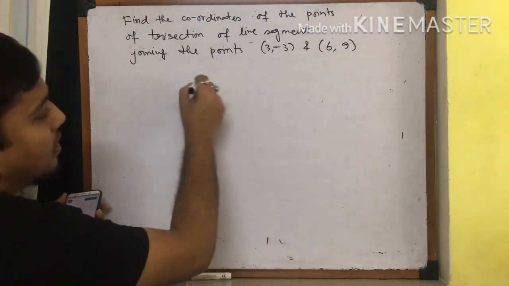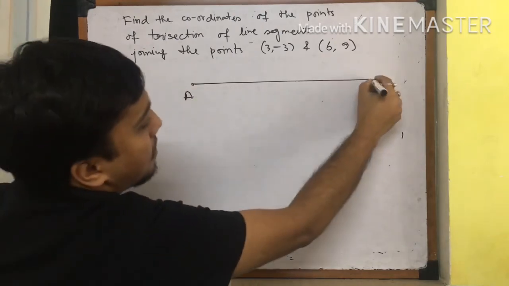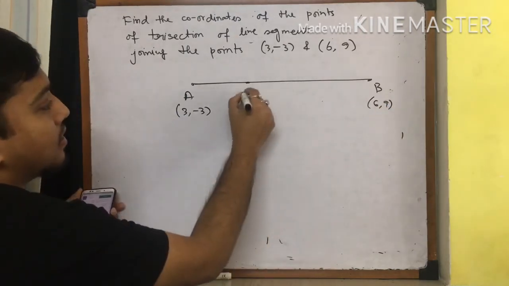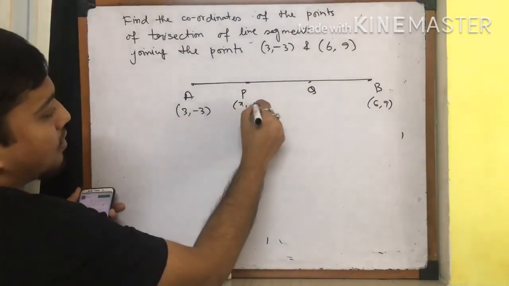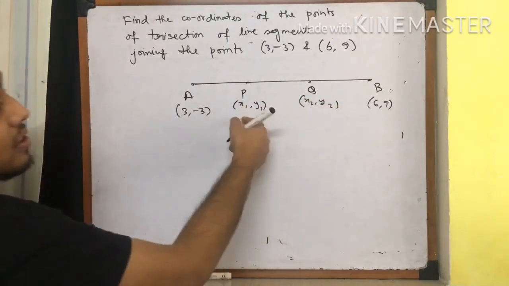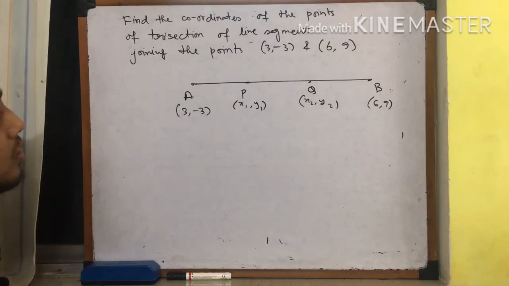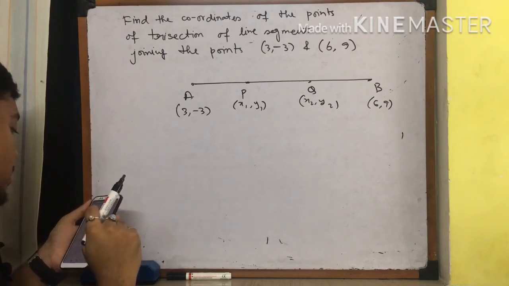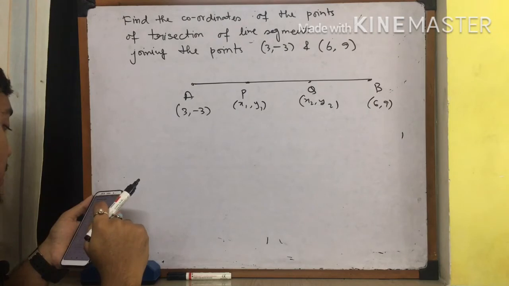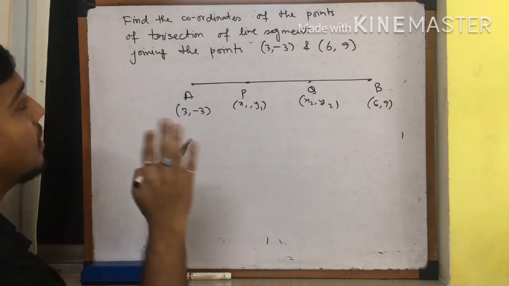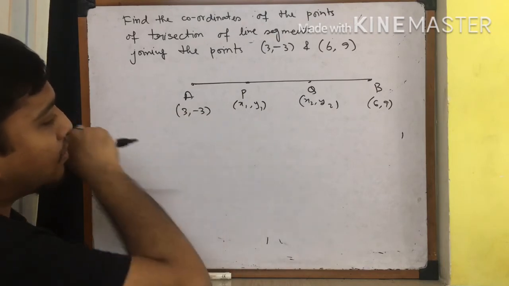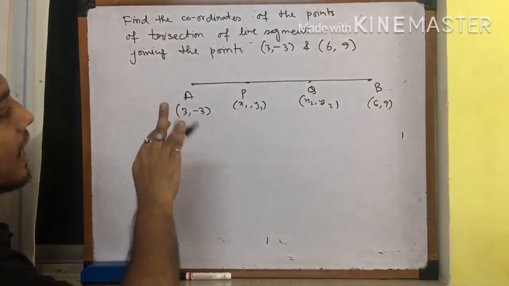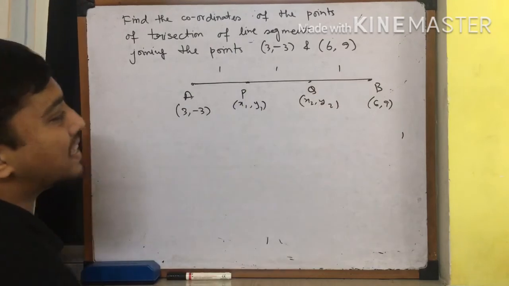Trisection means, let me explain, A and B are the 2 points 3, minus 3 and 6, 9, and trisection means there are 2 points P and Q. We have to find out the coordinates of P and Q. Trisection means the segments must be equal, these are the same unit.